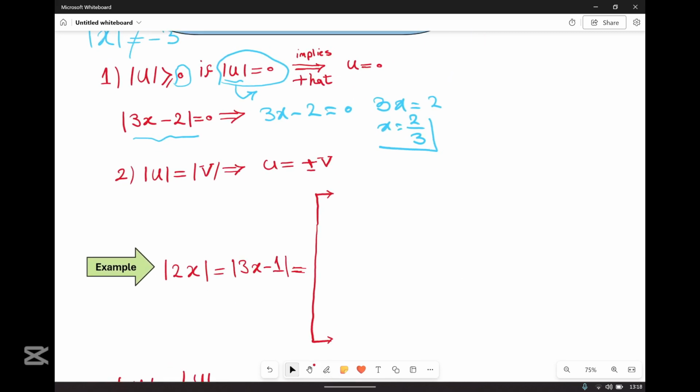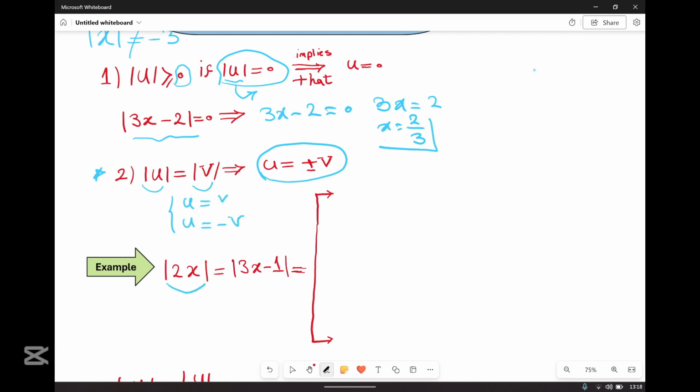Another important property, number 2: if two absolute values are equal, not only do they equal each other, but one of them is also equal to the opposite of the other. Therefore, not only u equals v, but also u equals -v.